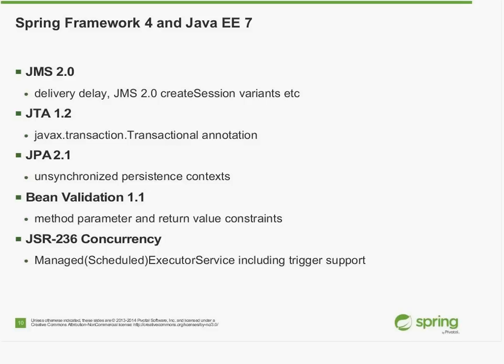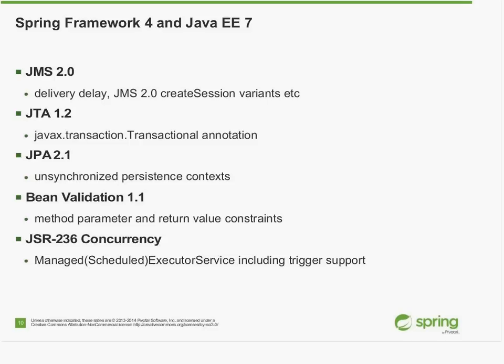The Bean Validation 1.1 part is also important because Hibernate Validator 5 in its current generation 5 is a Bean Validation 1.1 provider for the first time explicitly supported here in Spring Framework 4. And as a favorite pet of mine, we have the JSR-236 finally making it into Java EE proper.